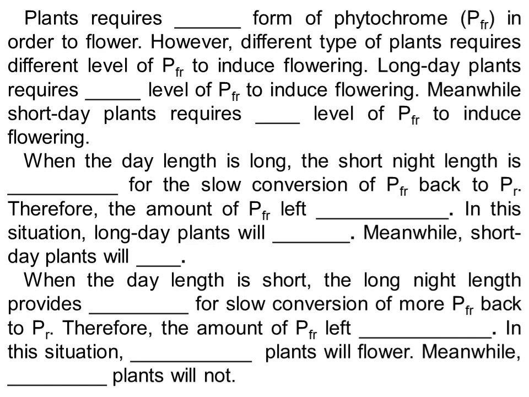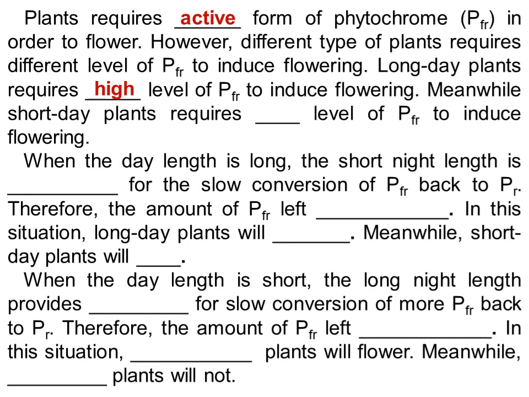Plants require what form of phytochrome in order to flower? The active form. However, different types of plants require different levels of PFR to induce flowering. Long day plants require a high level of PFR to induce flowering. Meanwhile, short day plants require a low level of PFR to induce flowering.